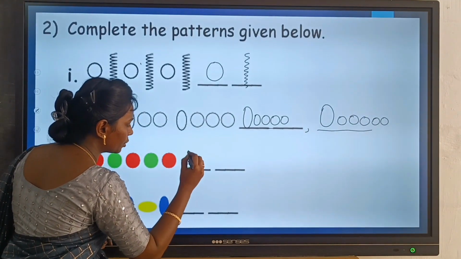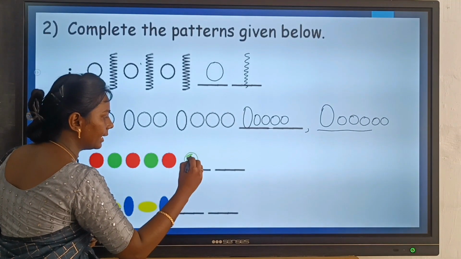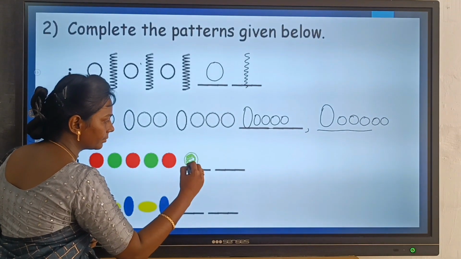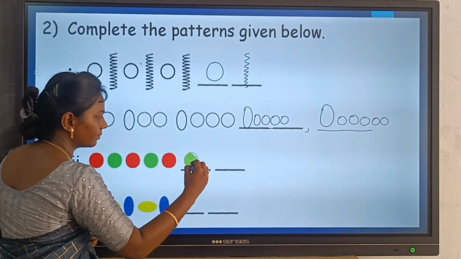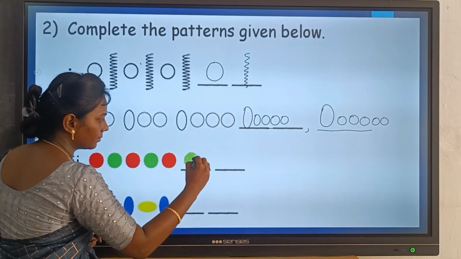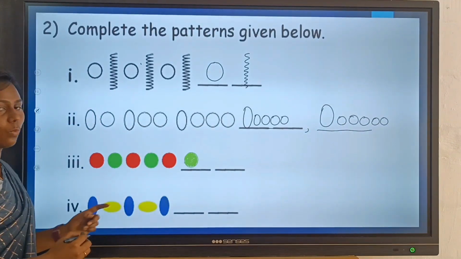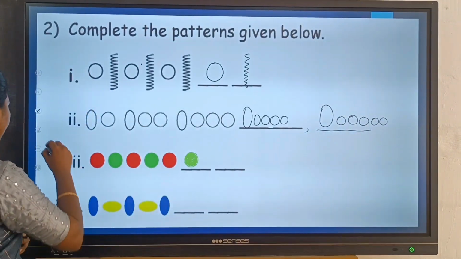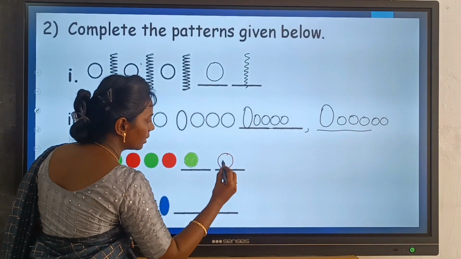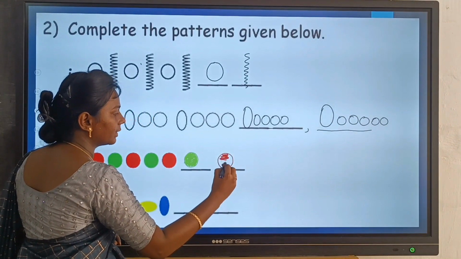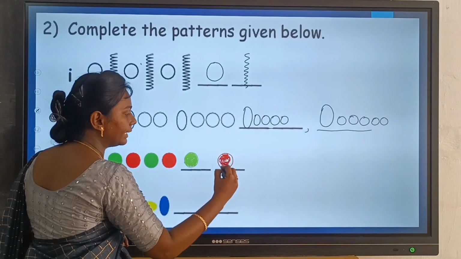So you have to draw a green color circle. So next, what comes next? A red color. So red color circle. Yeah, you have to color neatly.